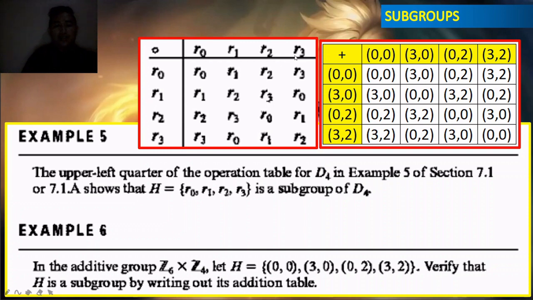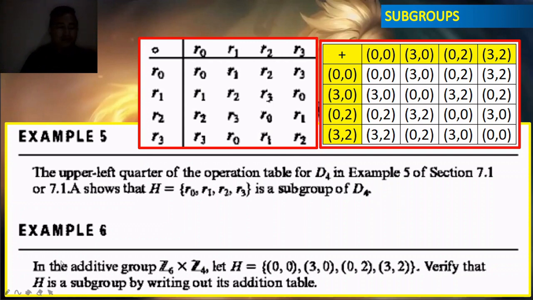The inverse of R1 is R3, and the inverse of R2 is R2 itself. R3 is the inverse of R1. So the identity and the inverses exist. If you multiply them, the closure is under their composition. The results are all elements of H. So it is closed under composition of functions. Okay, so it is a subgroup of D4.